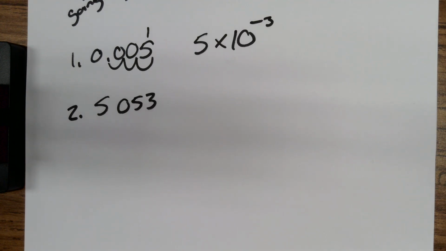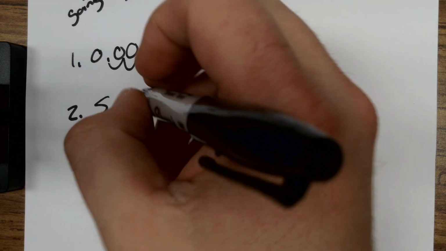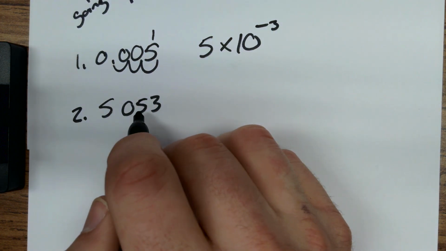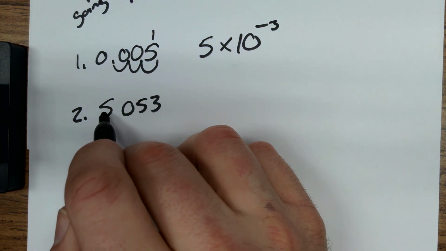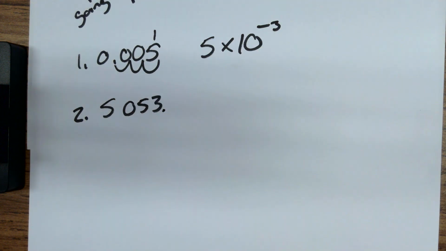Behind what number? Behind the 3, right? Because the 3 is in the 1 spot. You got 1 spot, 10 spot, 100 spot, 1,000 spot, right? So always behind the 1 spot is my decimal. I can always just put a decimal there if there's not one there, for the purpose of me moving it.